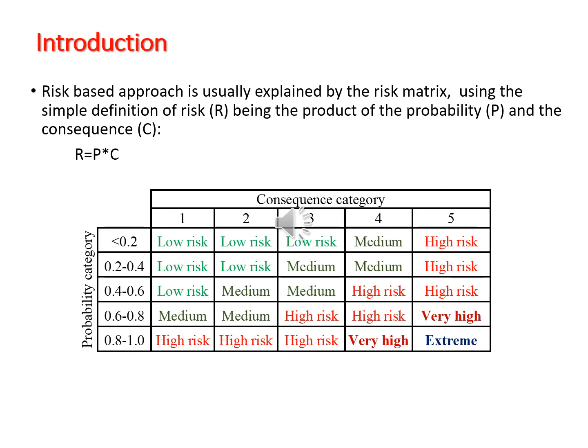Since we define risk here as the product of probability and consequence, we have 25 different fields in the risk matrix, indicating low risk in green color, or medium risk, also in a kind of green color, then high risk, which is red, and then very high and extreme risk.